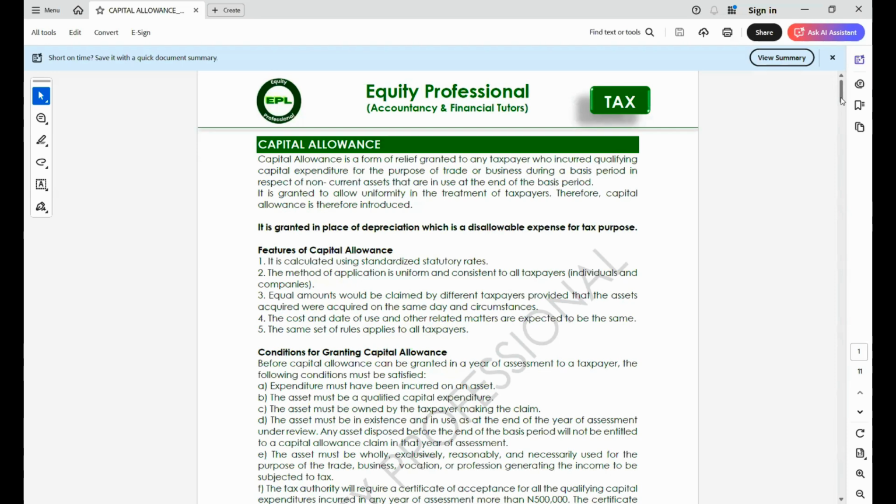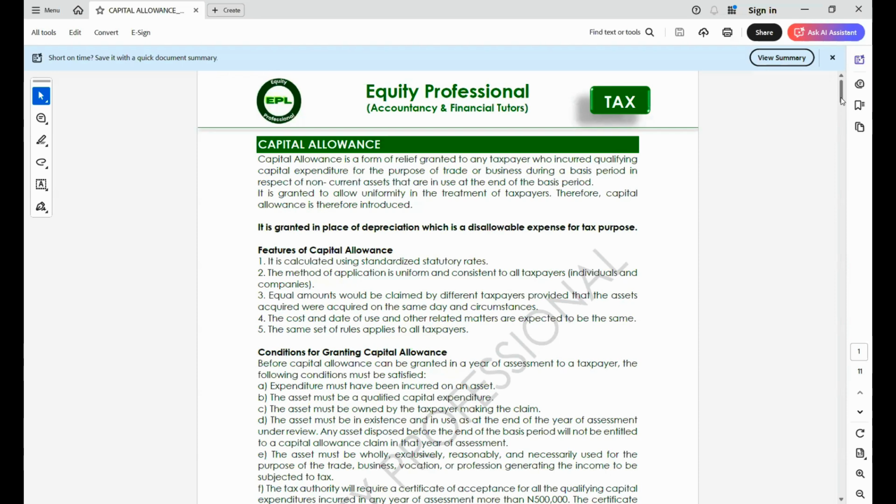When you spend on non-current assets for the purpose of your business, you are entitled to claim capital allowance within a certain period of time.